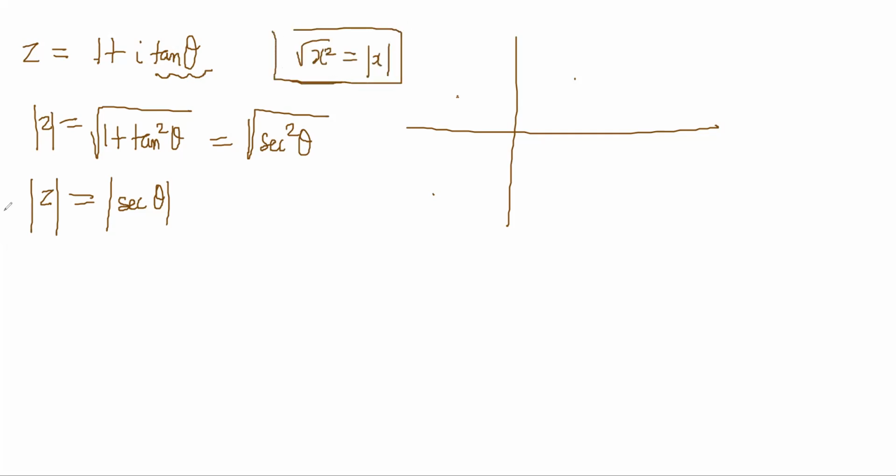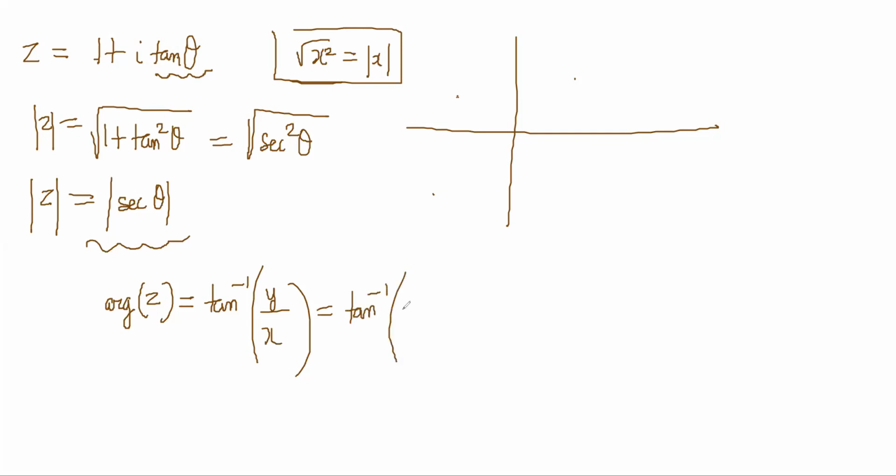So mod of sec theta is the r, and if you want to find the argument, argument of z will be equal to tan inverse y by x. If z was x plus iy, this would have been tan inverse y by x. So tan inverse of tan theta by 1, which is equal to theta if tan theta is positive.